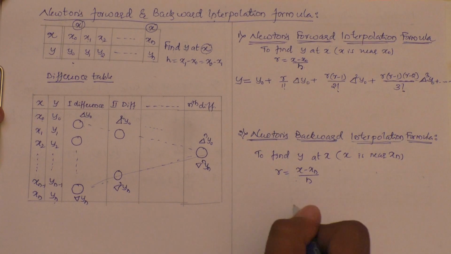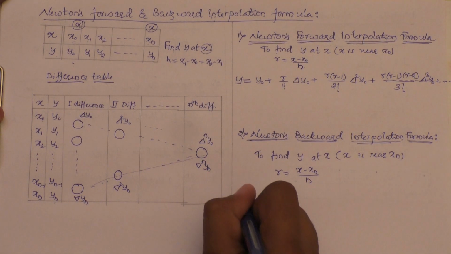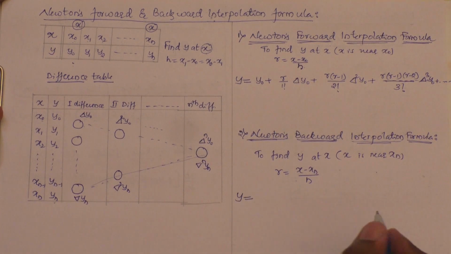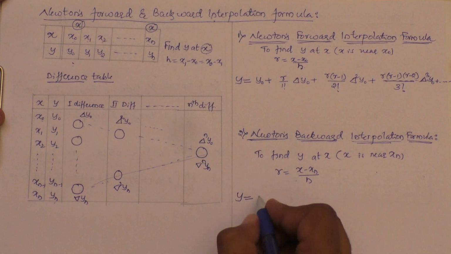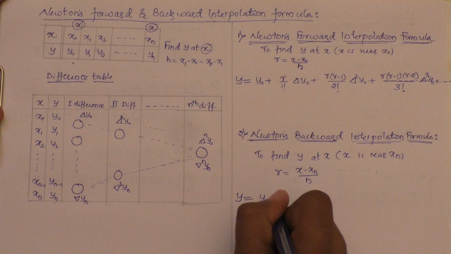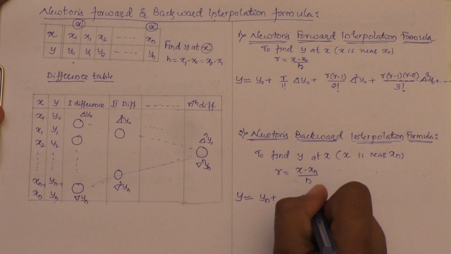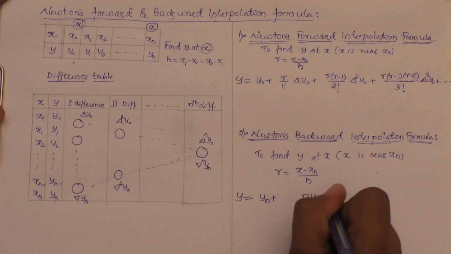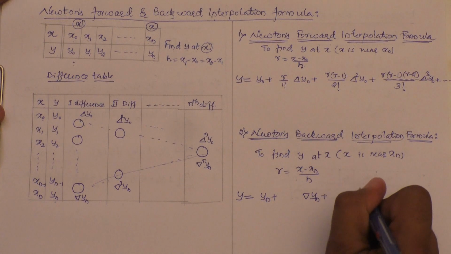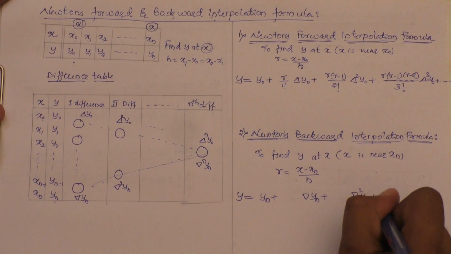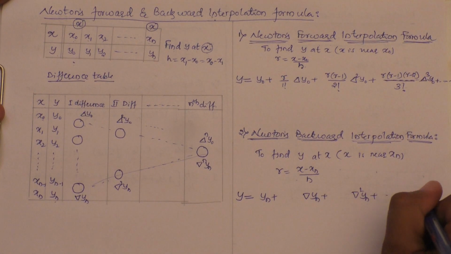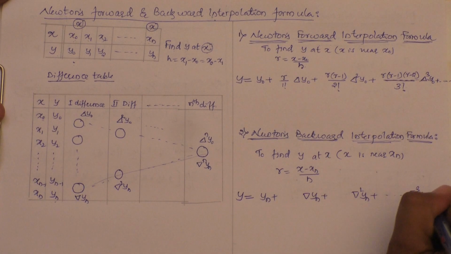Now the formula, how to write it, is very important. So y equals, considering the last values, first the yn term, then delta yn, then delta square yn, then delta cube yn, and it continues like this.